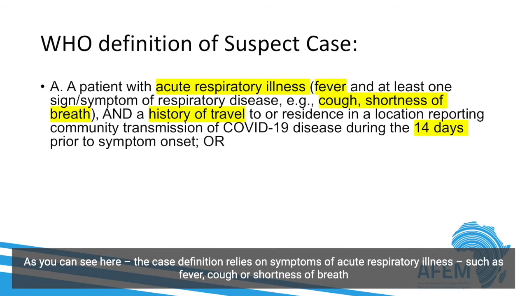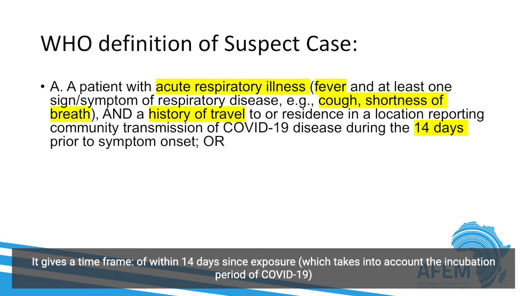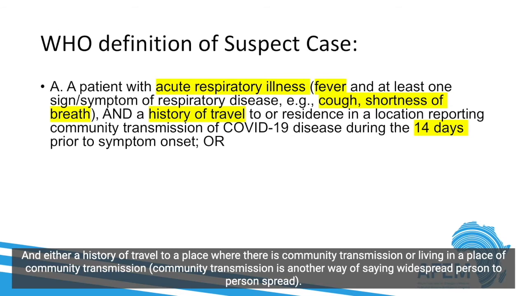As you can see here, the case definition relies on symptoms of acute respiratory illness, such as fever, cough, or shortness of breath. It gives a time frame of within 14 days since exposure, which takes into account the incubation period of COVID-19, and either a history of travel to a place where there's community transmission or living in a place of community transmission.